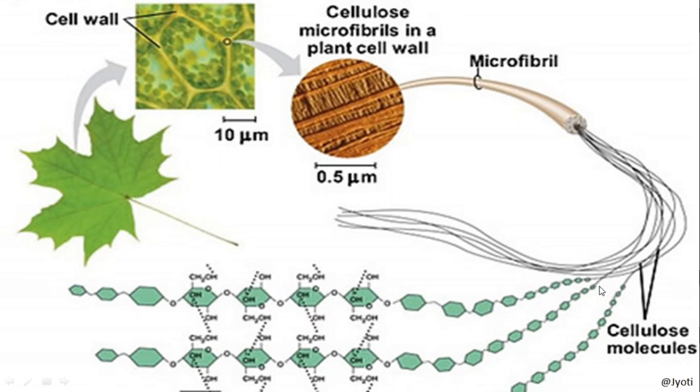Each microfibril of cellulose is a straight chain of cellulose. Okay, so here you can see the cellulose consists of only glucose, only one type of subunit, and these subunits are joined by 1-4 glycosidic linkage because they form the linear chain.